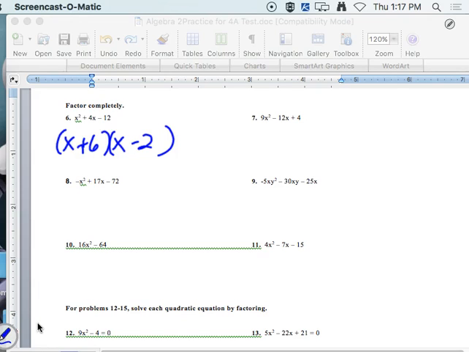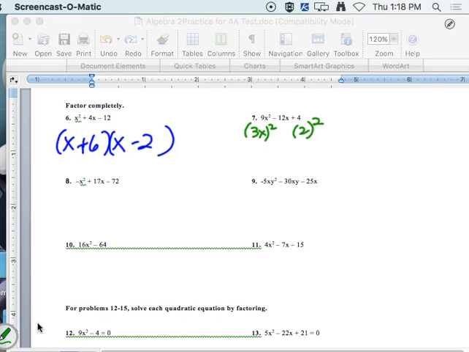It is factored completely. Number 7, with that one, I would want to try to pull the 9 out, but I realize I can't do that because pulling that 9 out would give me fractions, and I'm supposed to deal with integers whenever I'm factoring. But then I think, you know what, maybe that's okay anyway, because the first term, 9x squared, is 3x squared, and the last term is 2 squared.